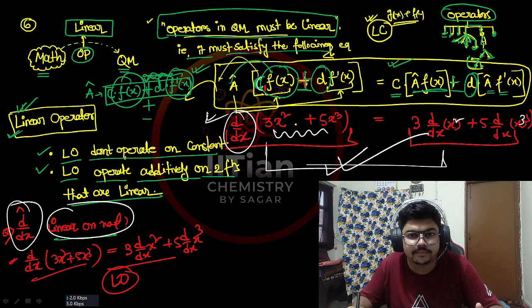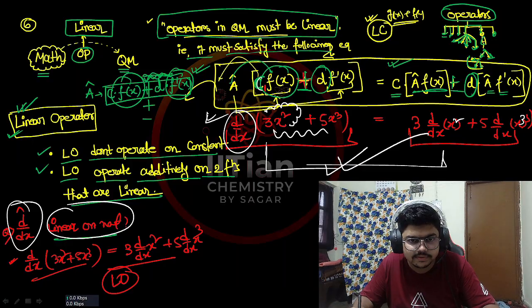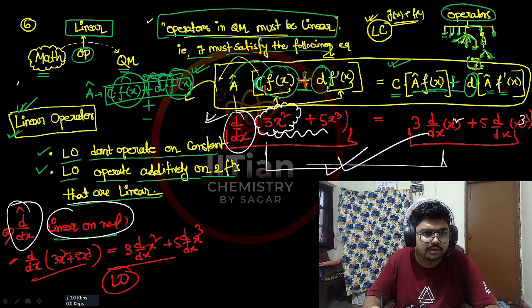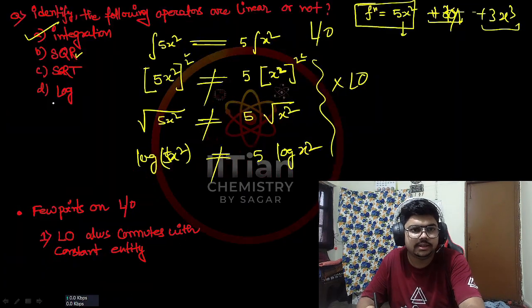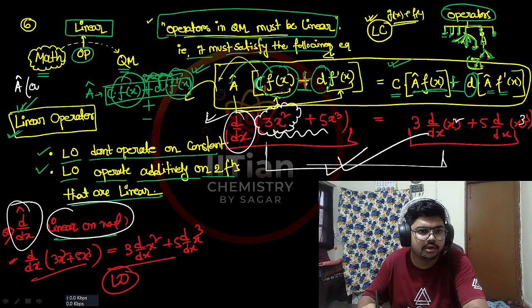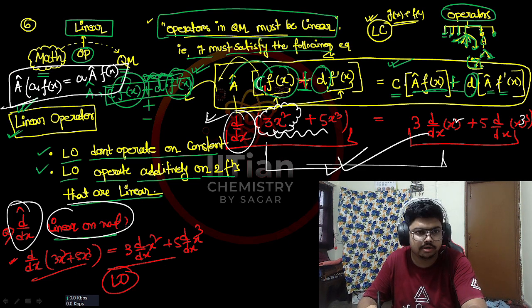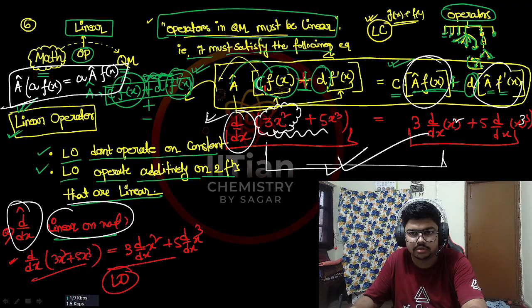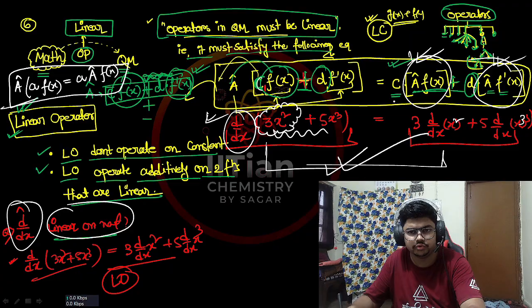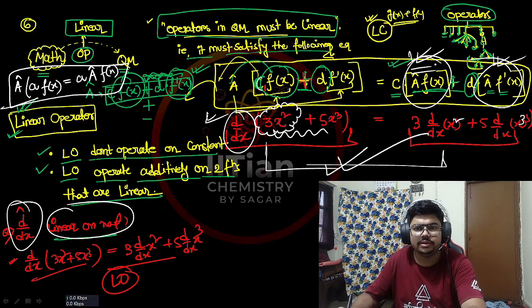For simplicity, you can take only this part: if the operator A on a constant times the function f of x gives the constant times A on f of x, then also we will call it a linear operator. It is a simplified version of this, using only this part. If this part satisfies the condition of a linear operator, the whole will also. So to check whether it is a linear operator, just use this part only.